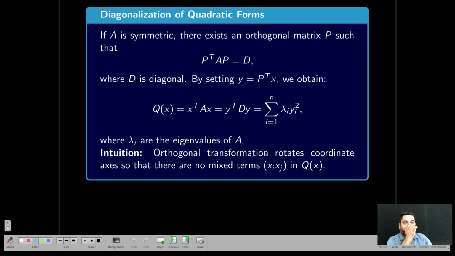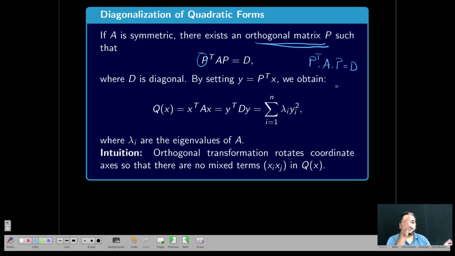Now, to simplify it further, you know the concept of diagonalization, which you have learned. Similarly, if I find a matrix P, and P should be an orthogonal matrix, then I can diagonalize it as P transpose into the coefficient matrix A into P equal to D. The diagonal matrix means it will have only diagonal entries and all the other entries will be 0.